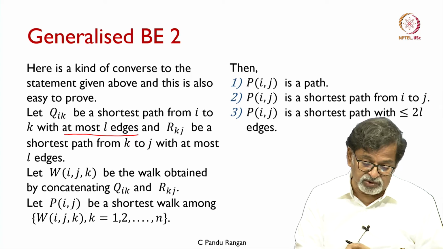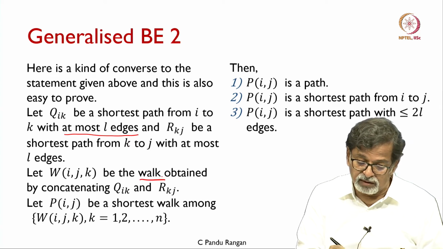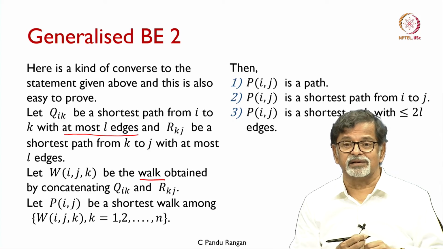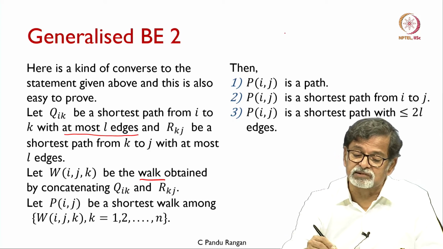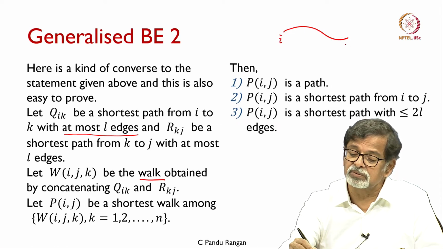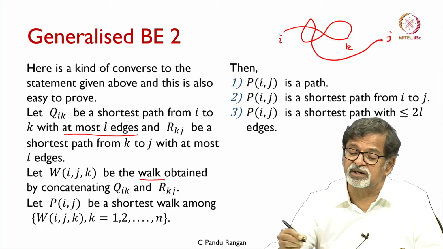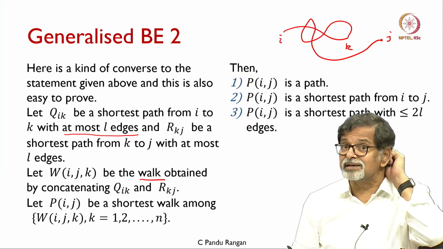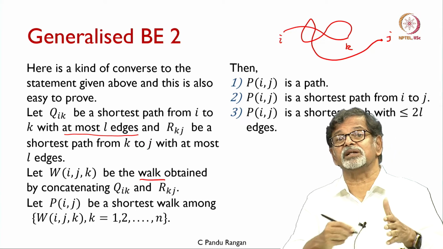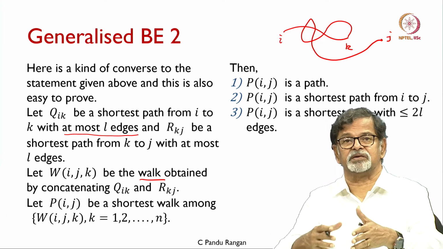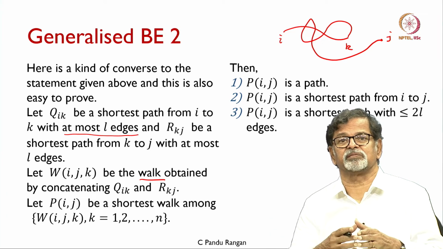Notice that I am using the word walk. When two paths are concatenated, it could be like this. This might be a path from i to k, this might be a path from k to j. That means when you combine them, there is repetition and other things possible.